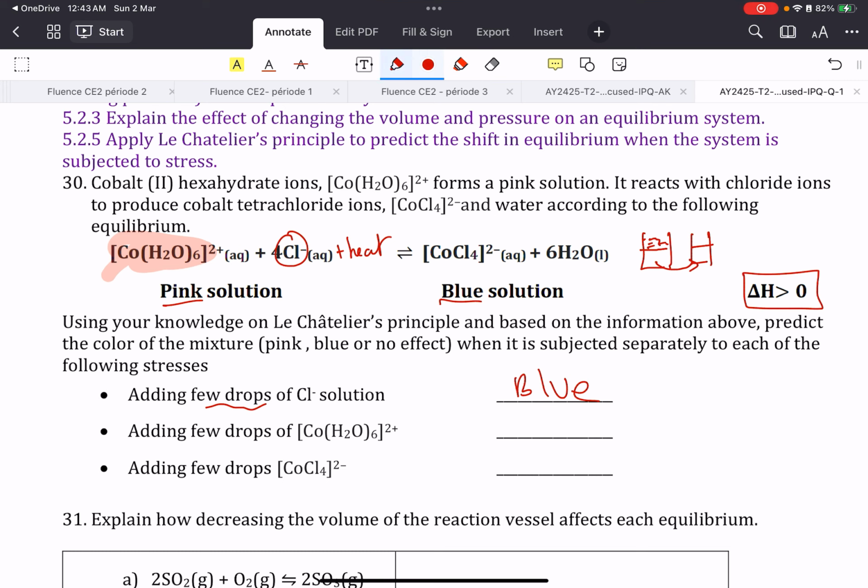So adding a few drops will also take the equilibrium forward toward the blue side. Now adding a few drops of cobalt tetrachloride ion, which is this one, will take the equilibrium backward towards the pink in order to re-establish equilibrium.